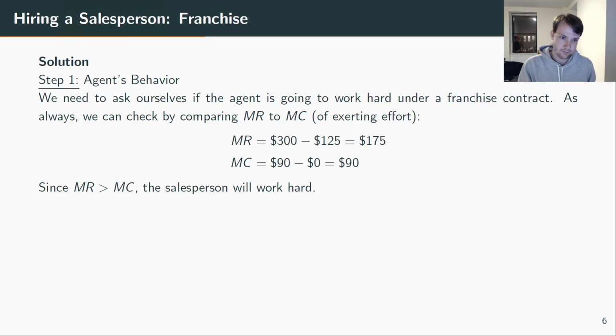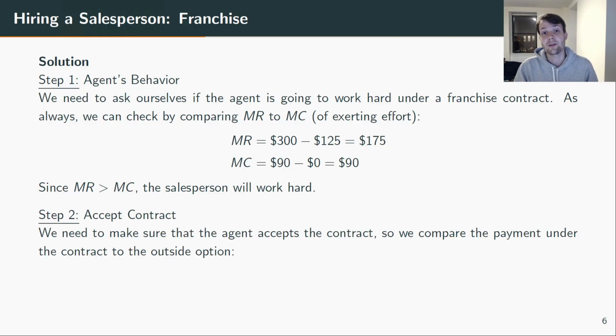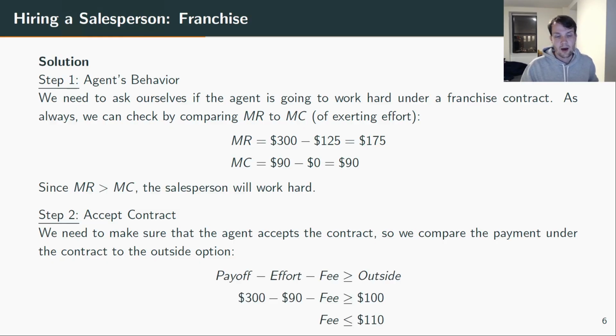That's a given. Now we need to make sure that they accept the contract, right? So how do we do this? We compare the payment under the contract to the outside option. Under the contract, they're going to get the payoff of the day minus the effort cost minus the fee, and that must be weakly greater than the outside option.